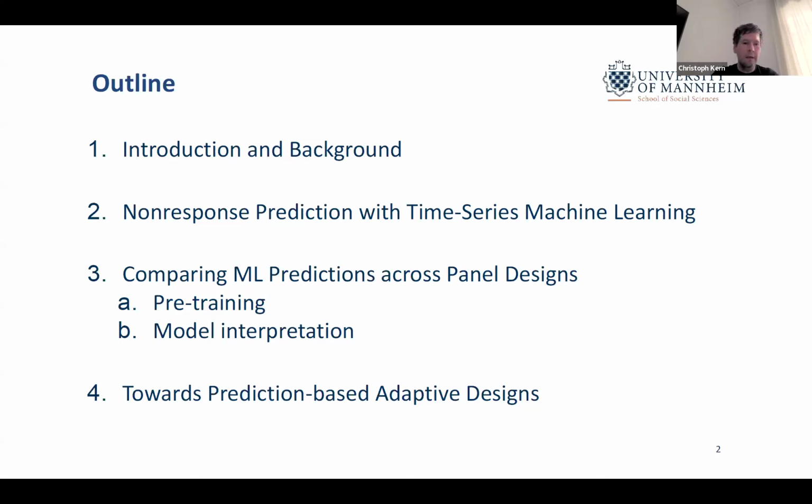And then for the third part, we'll be looking at generalizing ML predictions across different panel designs and panel studies.